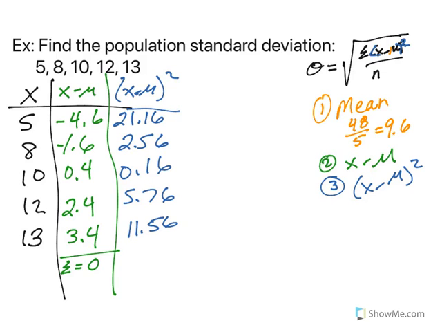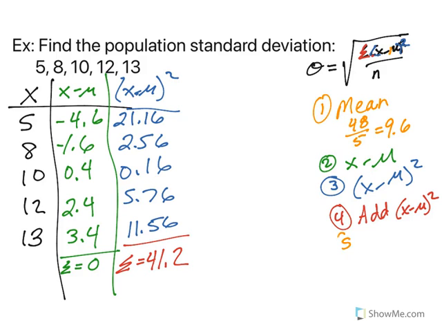Now, this squiggly looking E thing in the formula means summation. That means we're going to add the column of x minus mu squared. When I add those 5 numbers, I get 41.2. Since this is a population, we're going to use n equals 5.